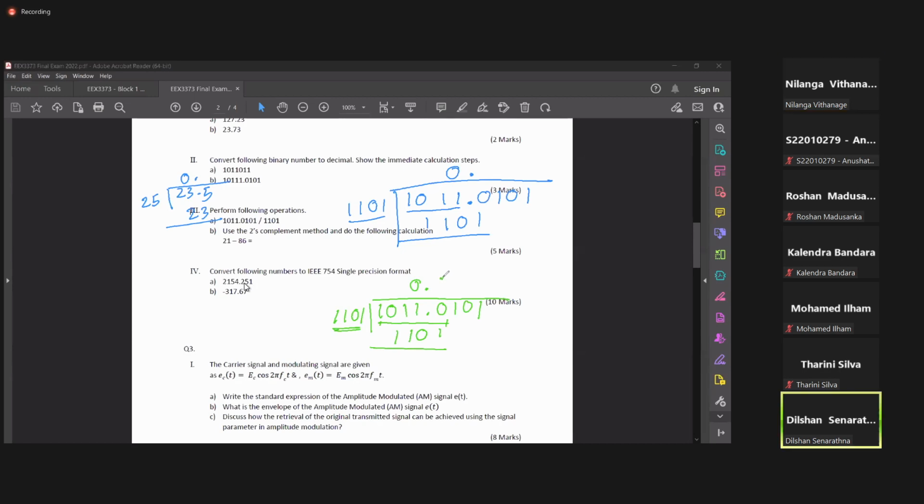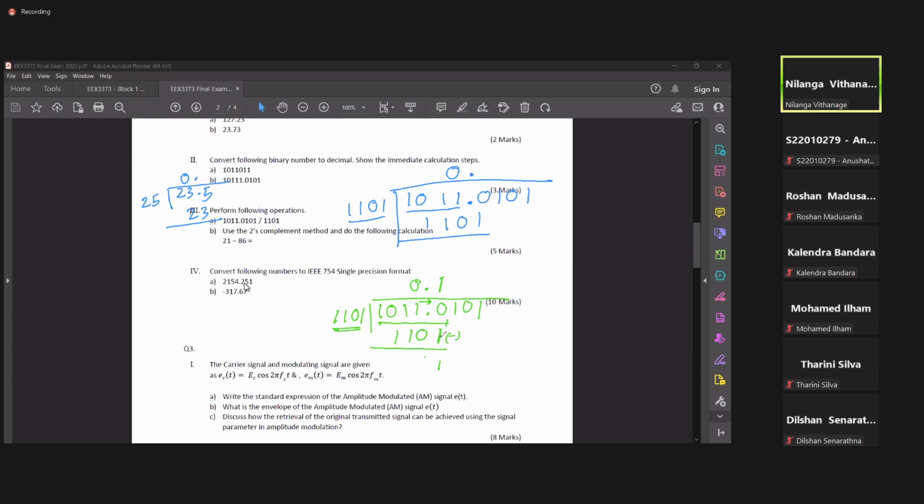So this is, let's say, 1 multiplied by this one is this one, right? Now you have to subtract. This is subtraction, so you subtract 1 from 0. You can't do that, no? So you have to take 1 from here, right?